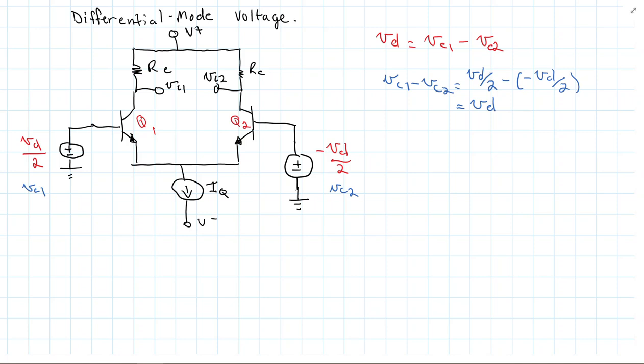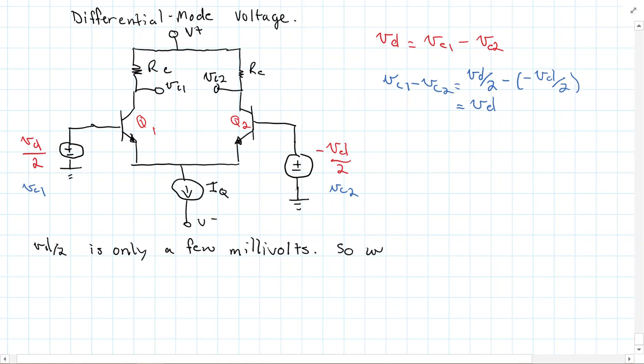Alright, so now what we have to do is first make an assumption that this VD over 2 is only a few millivolts. And the reason we're going to do that is so that we can apply just some delta I's and delta VBEs and things like that. Okay.